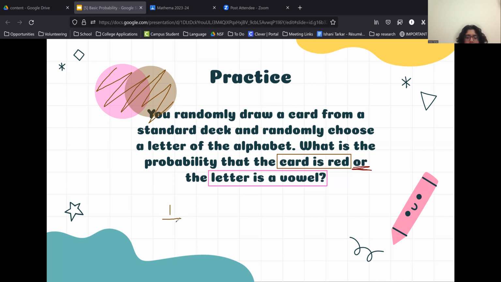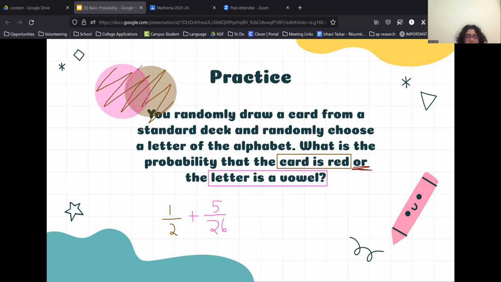And then the probability that the letter is a vowel is 5 out of 26, right? So normally we would add these, but if we are to add them, then this intersection over here gets counted twice. And we don't want to count the intersection twice because that would mean that we are overcounting, meaning that we are counting more than we want to, right?